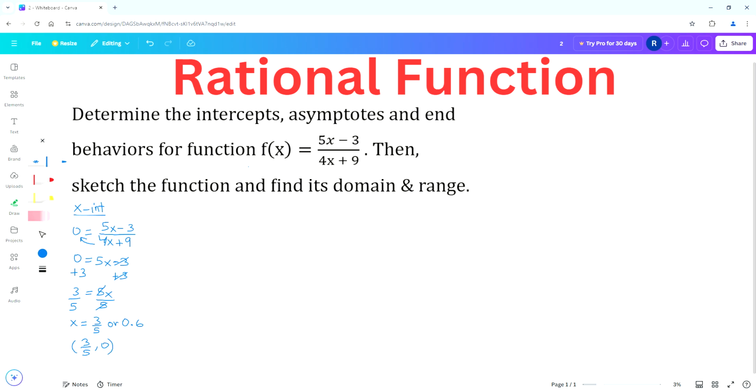Next, we can find the y-intercept. For the y-intercept, we should sub in x as 0 in the given function equation.